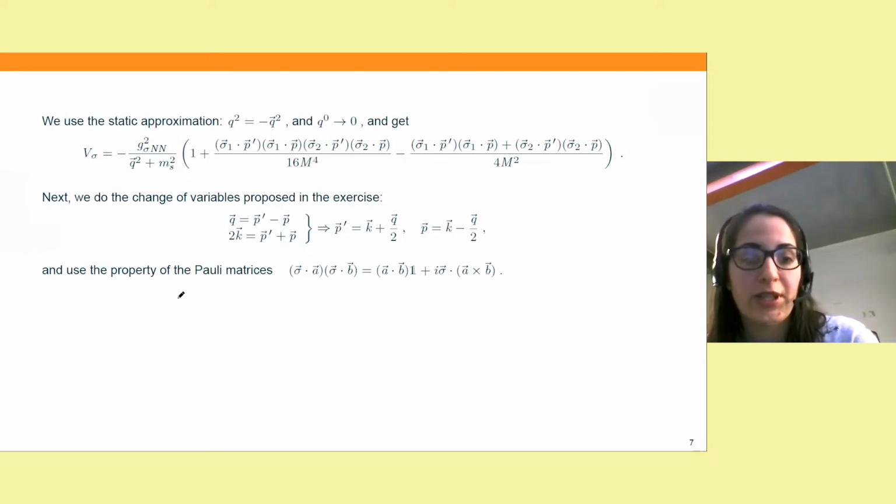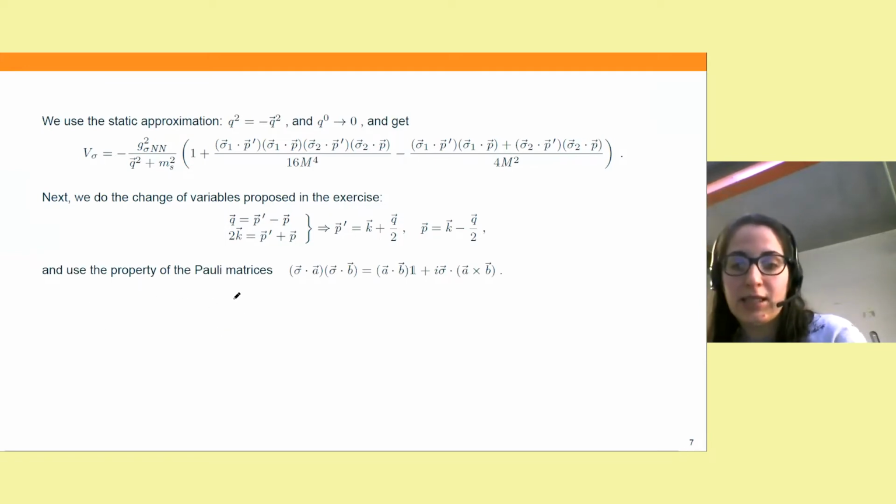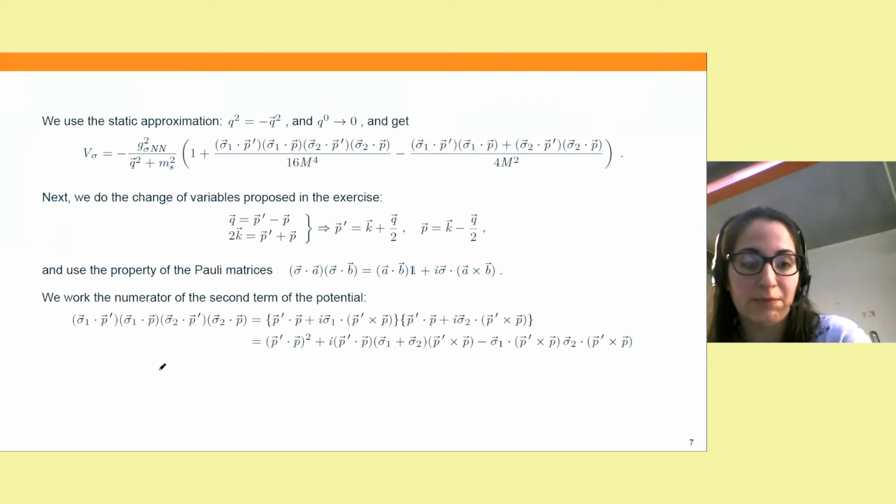We will also use the property of the Pauli matrices: sigma times a vector A, times sigma times a vector B, can be shown to have this form: the product of the two vectors plus I times the Pauli matrices times the vector product of the two vectors A and B. Okay, so we will use this property here.